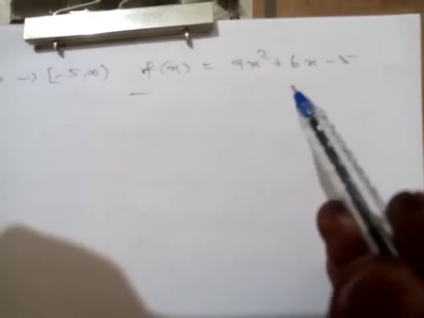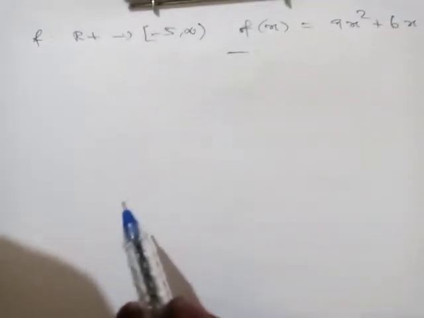Consider one more question from your exercise 1.3. f is a function from R+ to [-5, infinity), that is f of x is equal to 9x square plus 6x minus 5. This is the function, so we have to prove that this is invertible and find the inverse of this function.